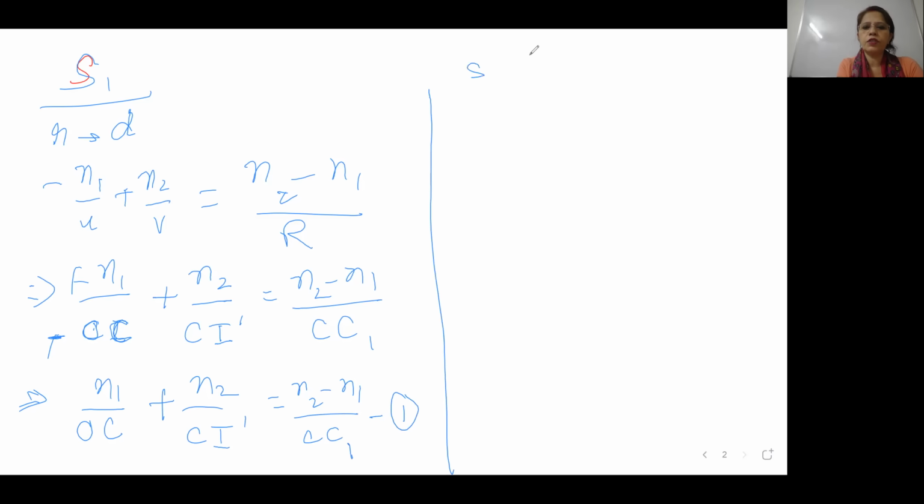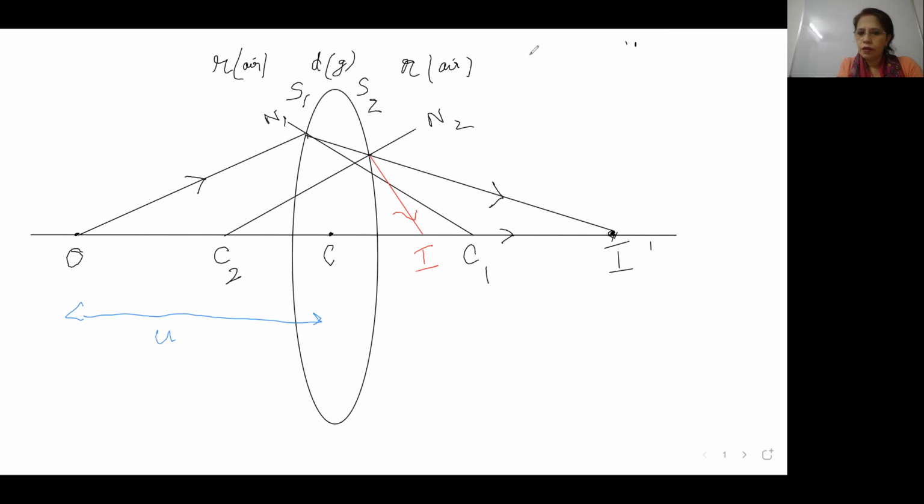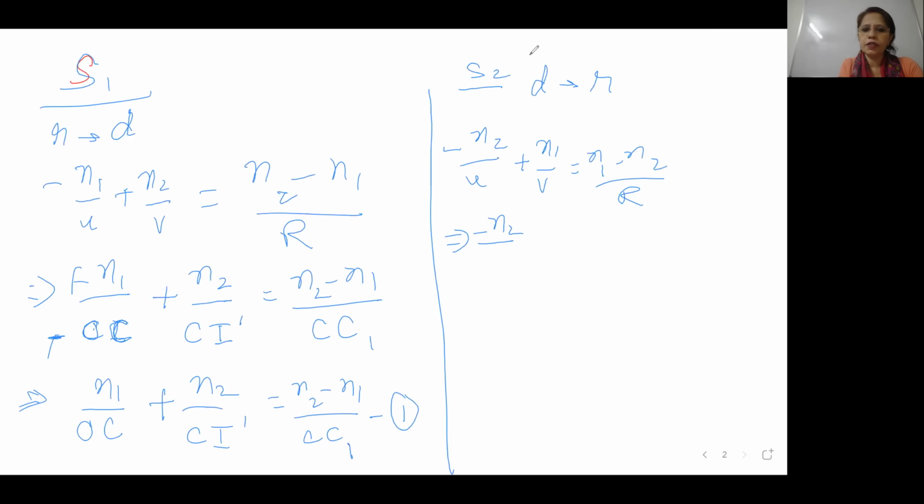Now for surface 2, that is from denser to rarer medium, the formula is minus N2 upon U plus N1 upon V equals N1 minus N2 upon R. Let us put the values. Minus N2 upon what will be U? I told you that this CI dash becomes the object for the second refraction, so you will write here CI dash, and it will be plus only.